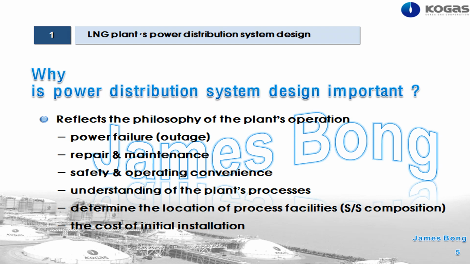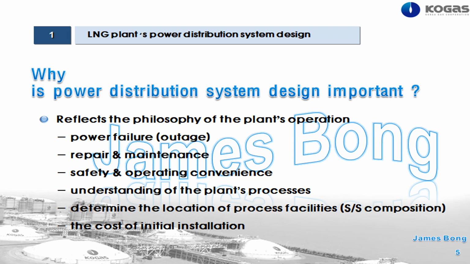It contains how to use and react to the plant's production lines or electric facilities when a power failure or outage occurs. The power distribution system also has the concept of repair and regular maintenance procedures. When electric engineers design the system, they must consider the safety of operators and its convenience. Before designing the system, electric engineers have to totally understand the plant facility's operating mechanism and their characteristics.